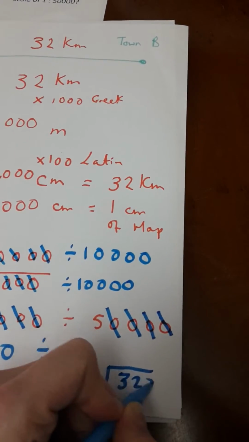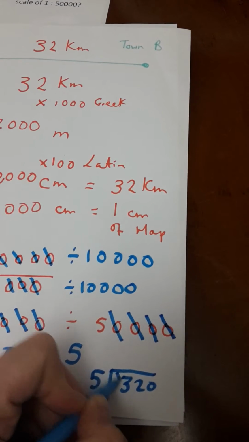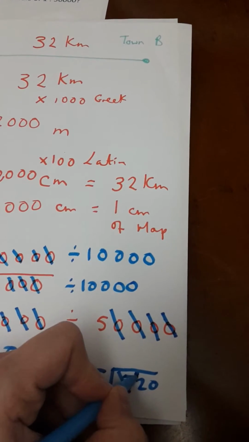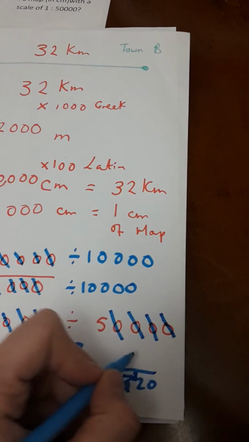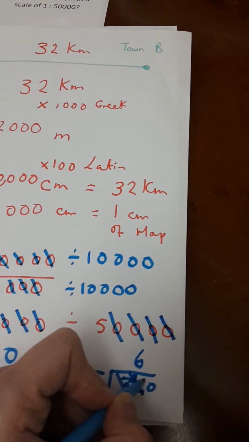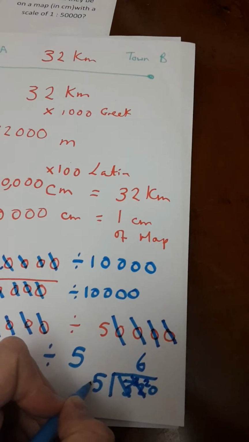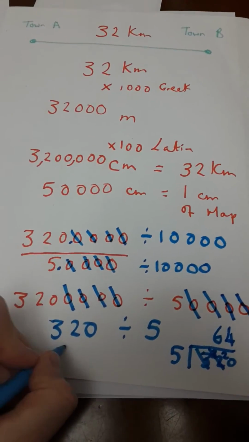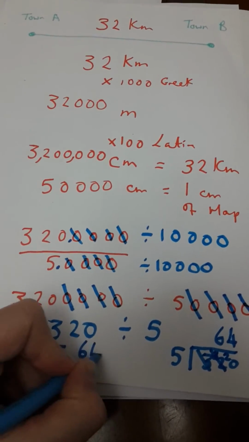So how many 5s go into 3? That's none, so I carry the 3. How many 5s go into 32? That's 6, but I've got a remainder of 2, so I carry the 2. So how many 5s go into 20? That's 4. So 320 divided by 5 is 64.